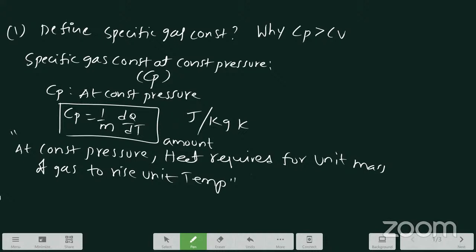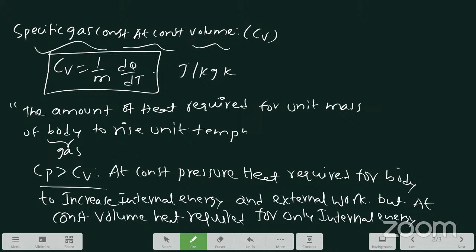At constant pressure, heat required for unit mass of the body to rise unit temperature: Cp equals 1 by m into dq by dt. At constant volume, heat required for unit mass of gas, unit mass of body, anything, to rise unit temperature: Cv equals 1 by m into dq by dt.